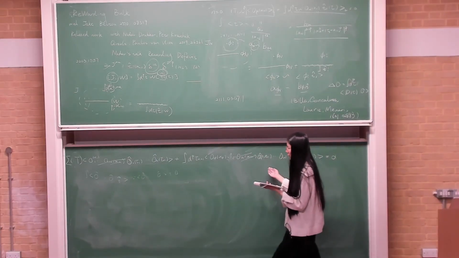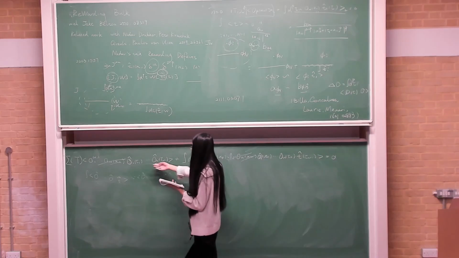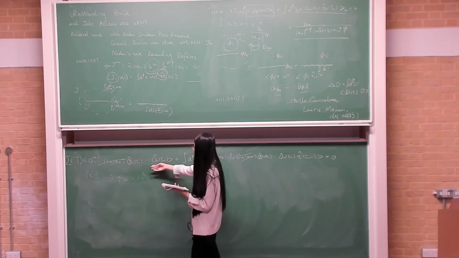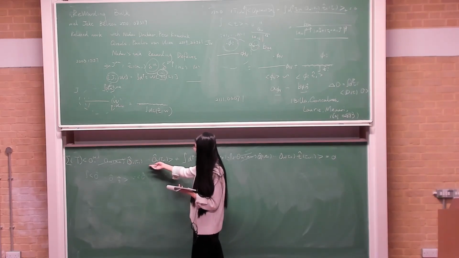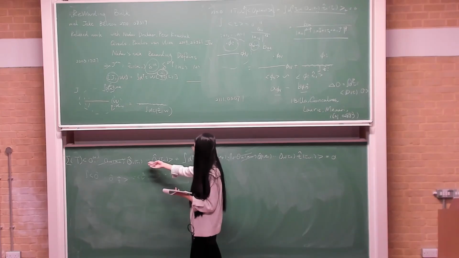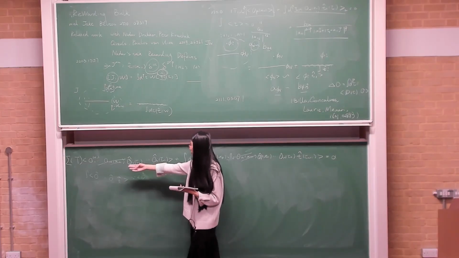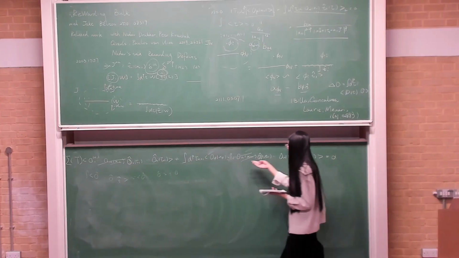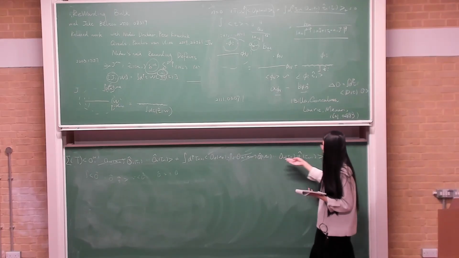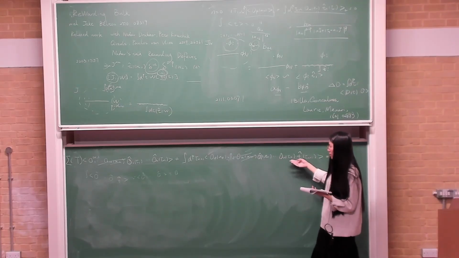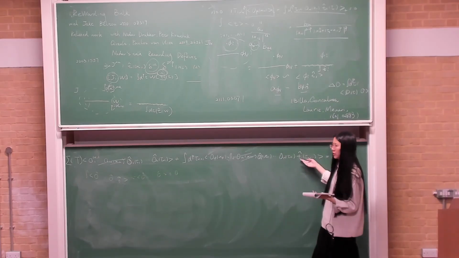When I have one bulk, one defect, and here one bulk, two defect operators, then the right-hand side gives me a function of one cross ratio.